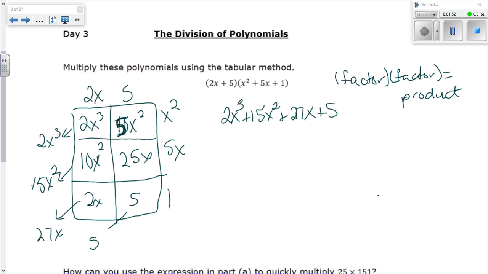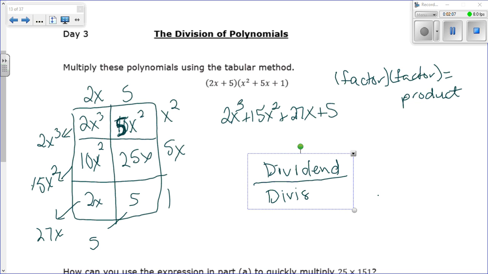When we divide, we have the dividend and the divisor, and it's equal to the quotient. Okay, so those are the parts of a division problem.